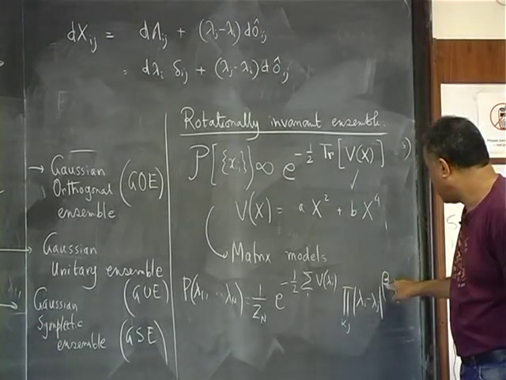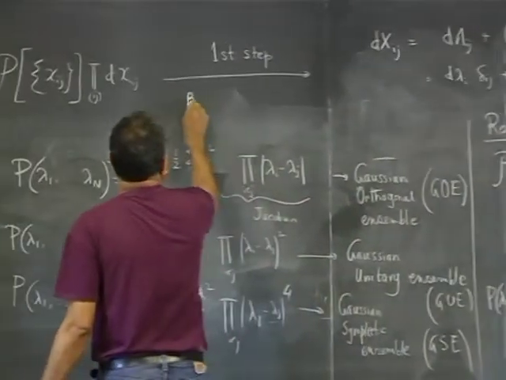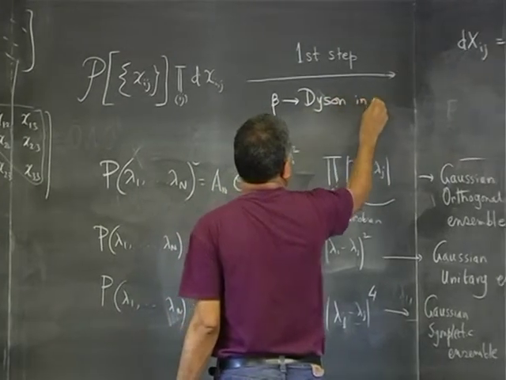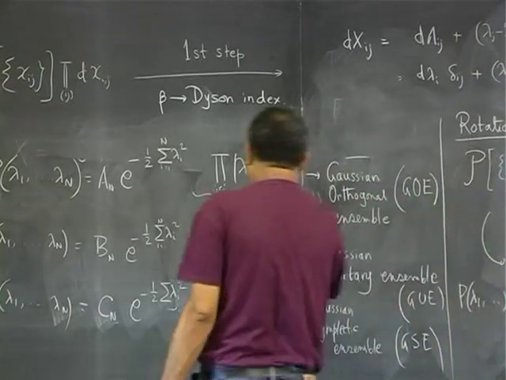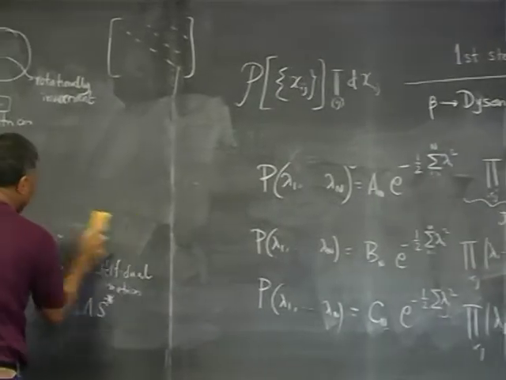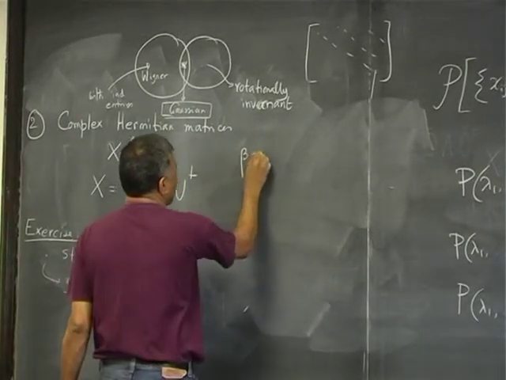This index beta is called the Dyson index. And as we saw in the Gaussian example, and in general for arbitrary potentials, beta has quantized values.